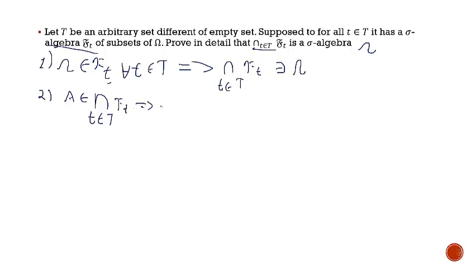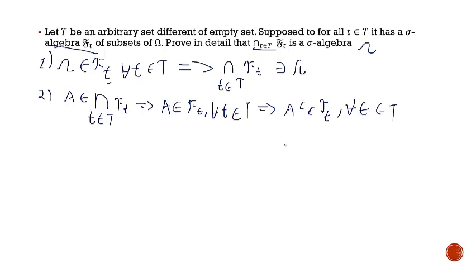Then A is in F_t for all t in T. By definition of sigma algebra, A complement is in F_t for all t in T. And we have that A complement is in this intersection.